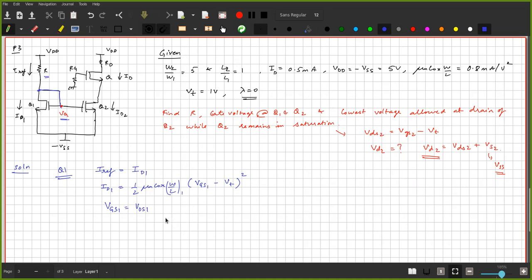Okay. And if I take KVL in this direction, I will get VDD minus IREF into R minus VDS1 plus VSS equal to 0.